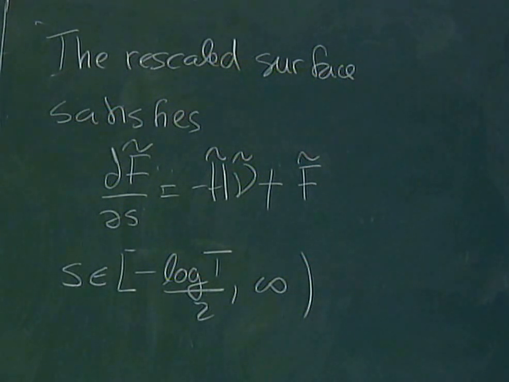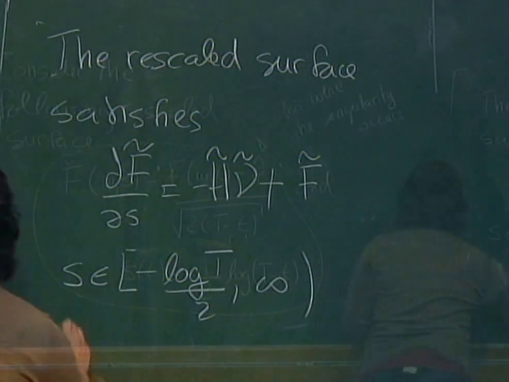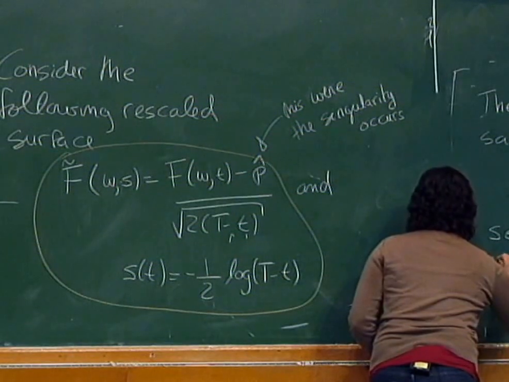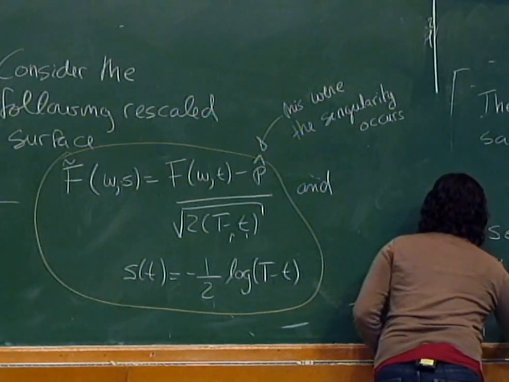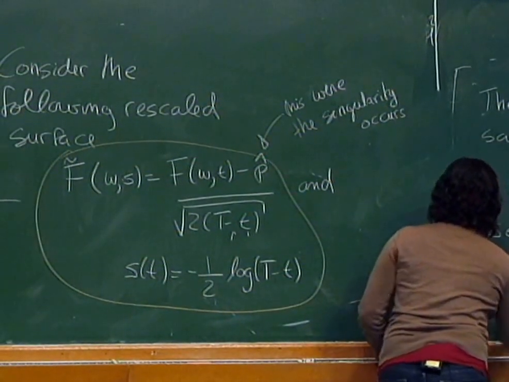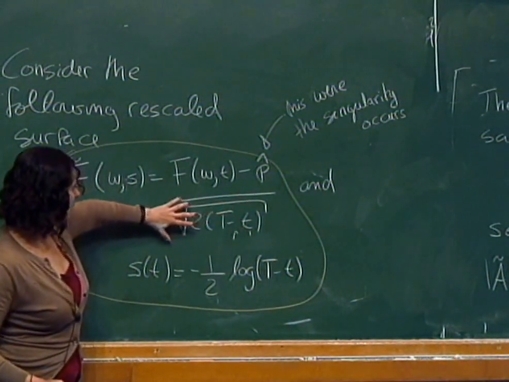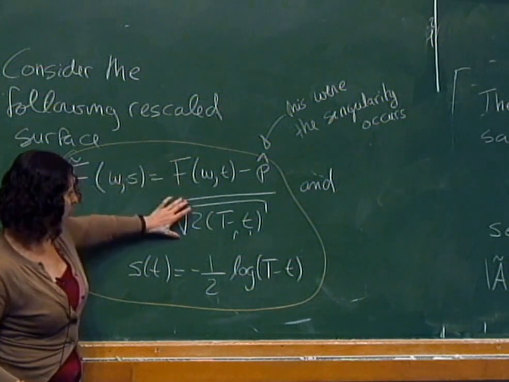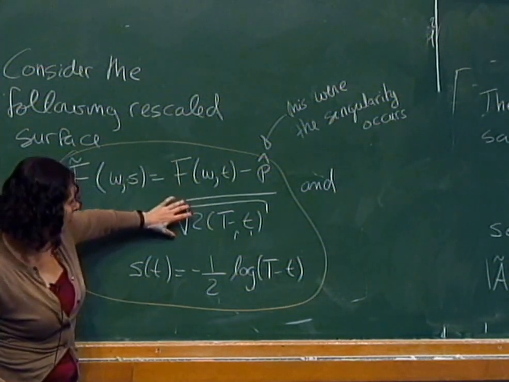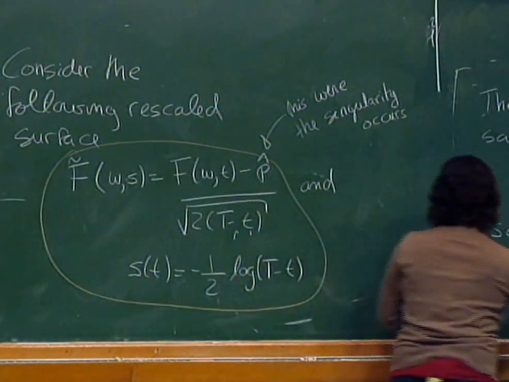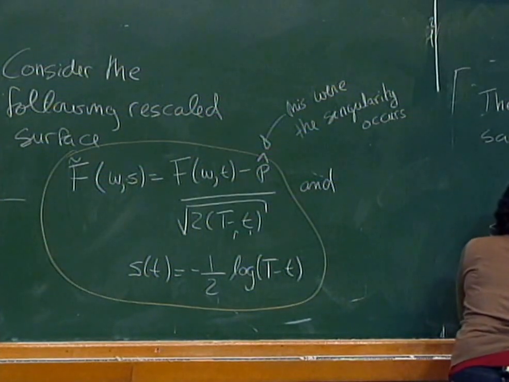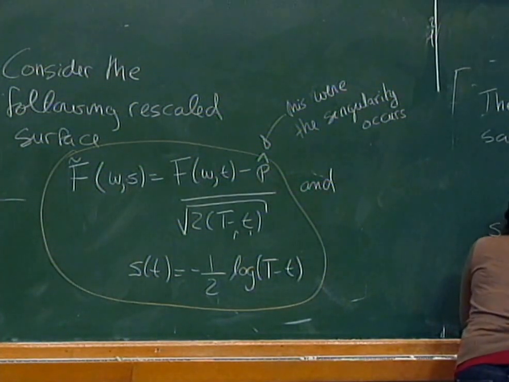And also, if you look at the second fundamental form of this, you have rescaling, right? So this rescales like 1 over the constant for the space time, T minus t.